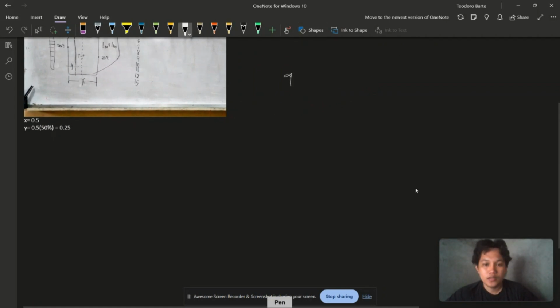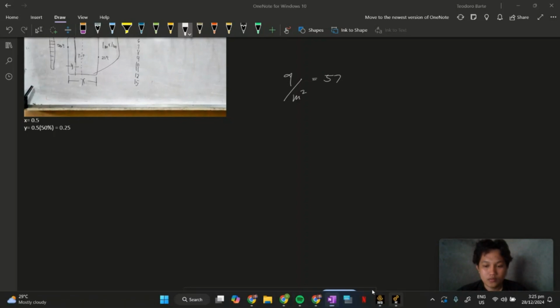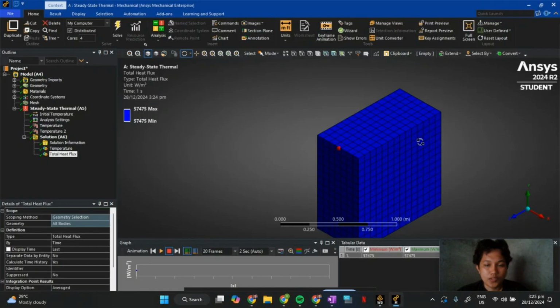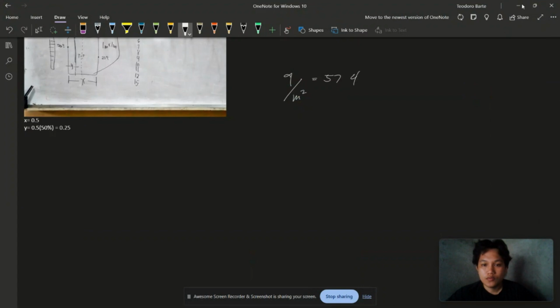The value is equal to 57,475 watts per square meter.